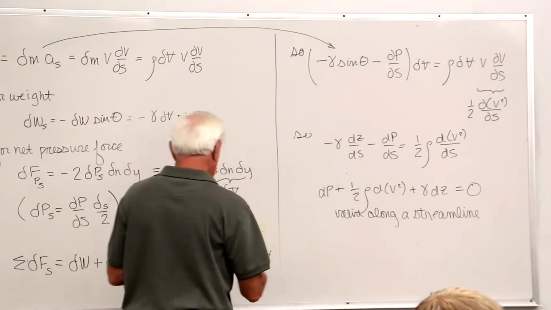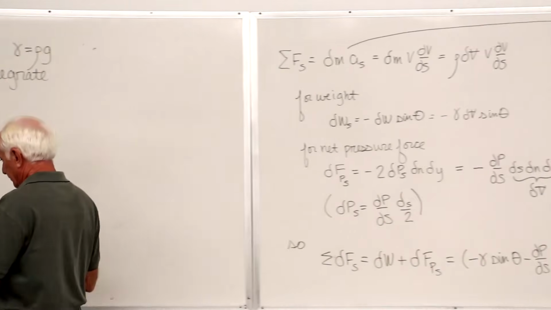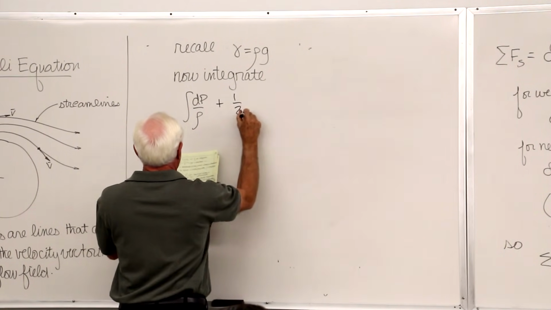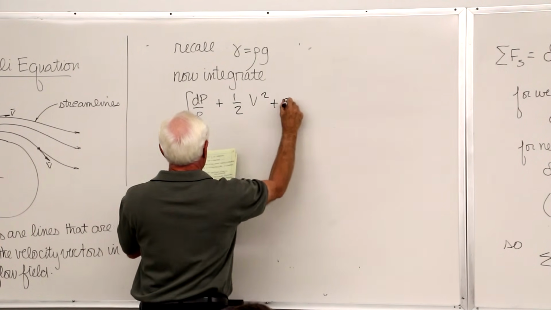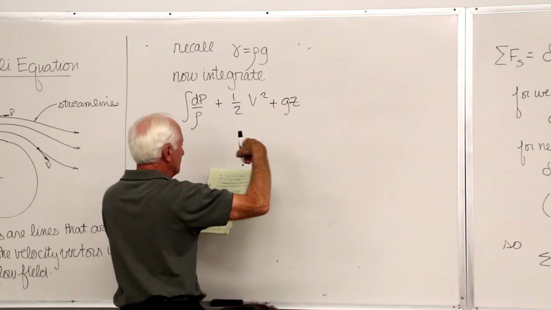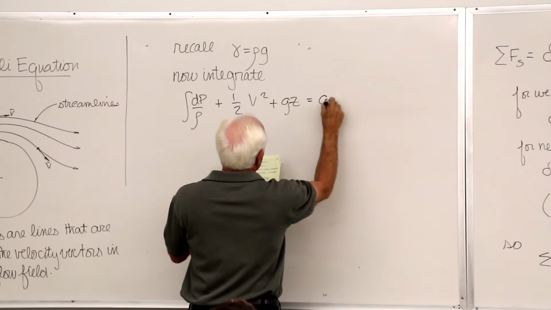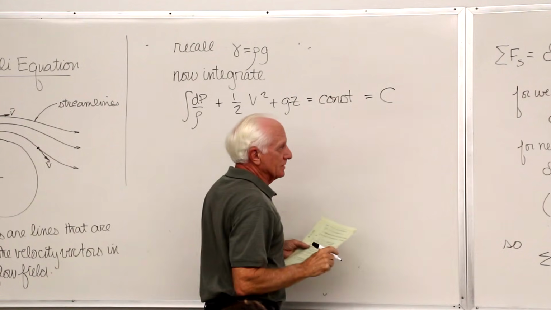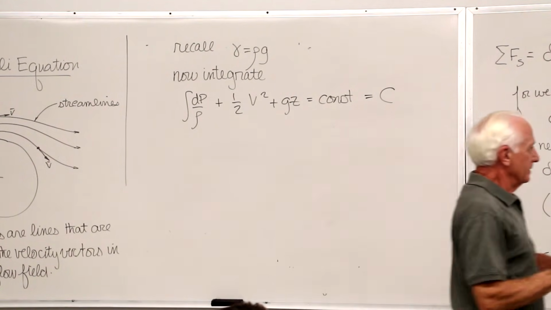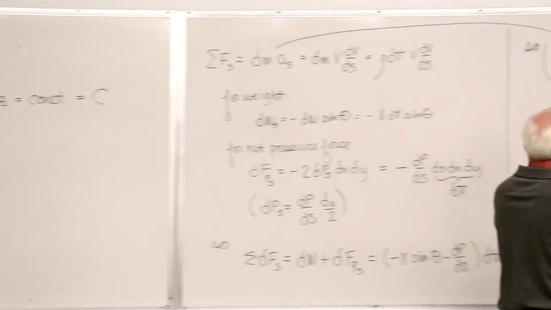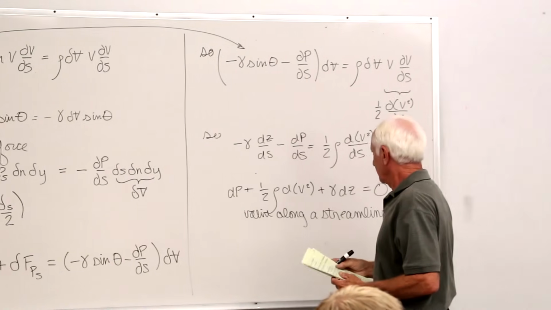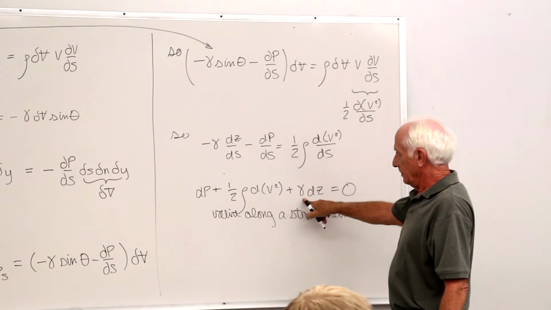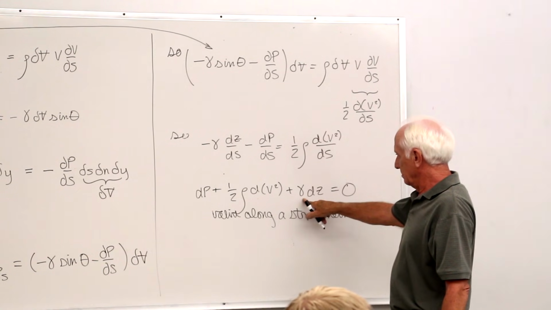For gz, g is a constant, so pull it outside. When you integrate, we end up with a constant, call it C. What's gamma? Rho times g. What do we divide by? Rho.